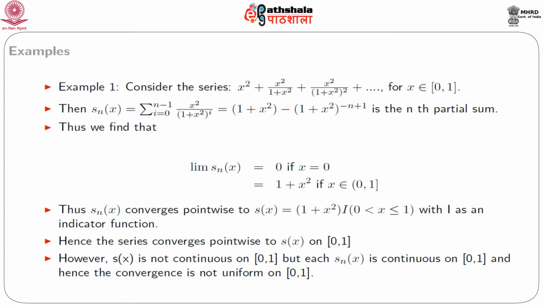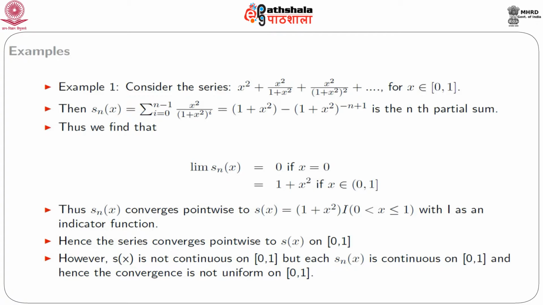Thus, we find that the limit of Sn(x) is 0 for x equal to 0, and it is 1 plus x squared if x belongs to the interval (0, 1], where the endpoint 0 is excluded. Thus, Sn(x) converges pointwise to S(x), which is defined as 1 plus x squared multiplied by the indicator of 0 less than x less than or equal to 1. Hence, the series converges pointwise to S(x) on the closed interval [0, 1].